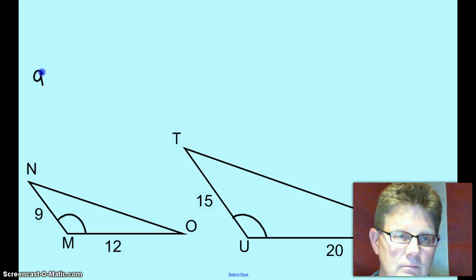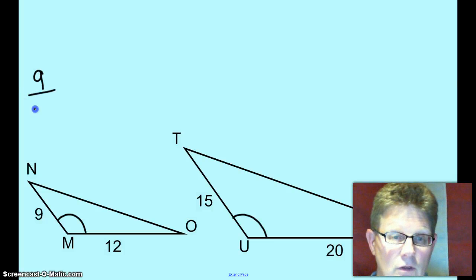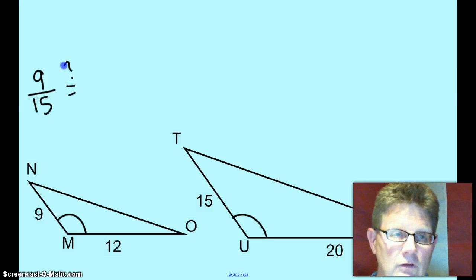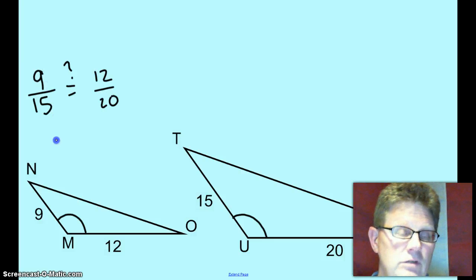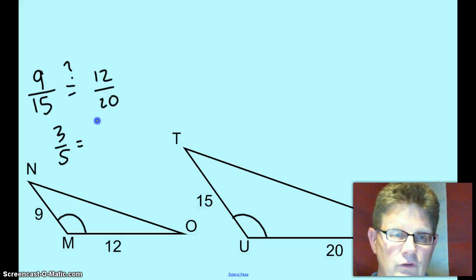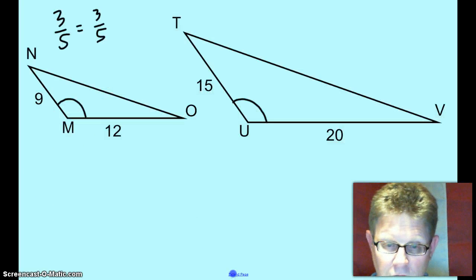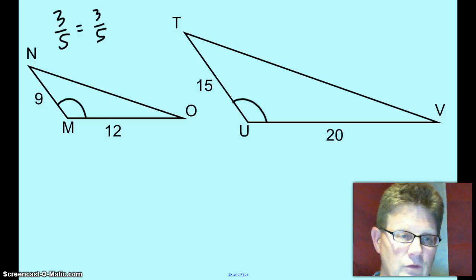Small side of the left triangle over small side on the right triangle, is that equal to 12 over 20? This reduces down to 3 over 5. This reduces down to 3 over 5. So the two triangles are similar.